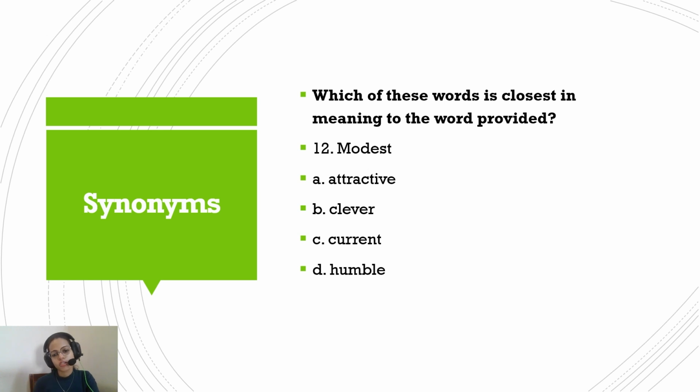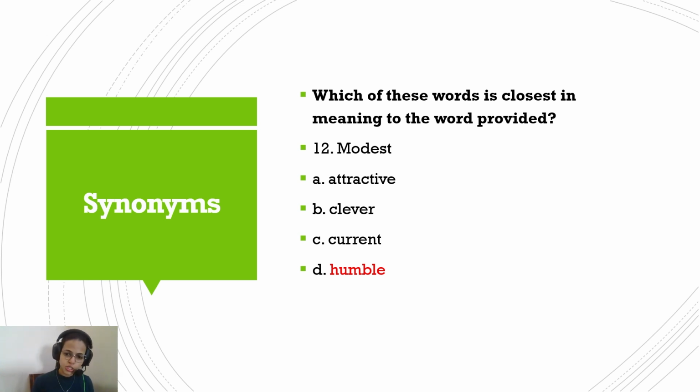Which of the following words is closest in meaning to the word modest? Modest is also something you might have heard in legal terminology, attacking the modesty of women, something like that. What does it mean? Attractive, clever, current, humble. Modest means humble. In the legal context, it is a slightly far-fetched relation, but modesty is like dignity, sort of.